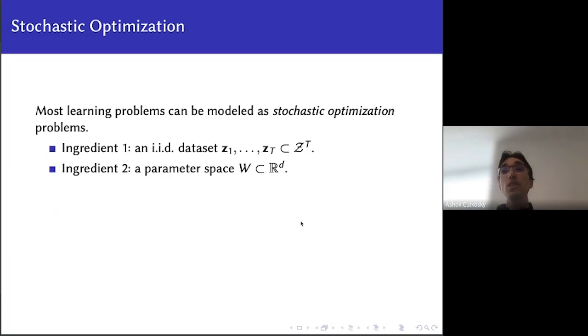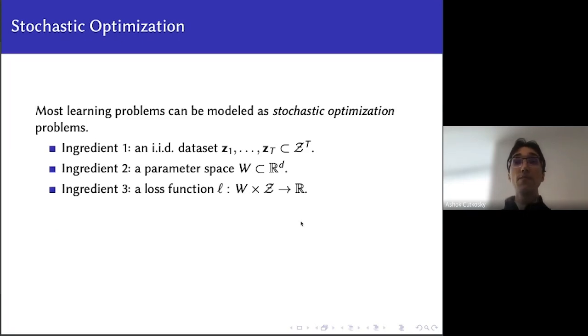Then we also need some parameter space of models, W, which is some subset of d-dimensional space. And finally, a loss function, which will tell us the loss of using some parameter W on some example Z, and that will give you a real number.